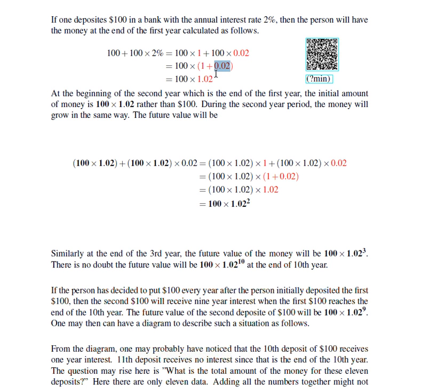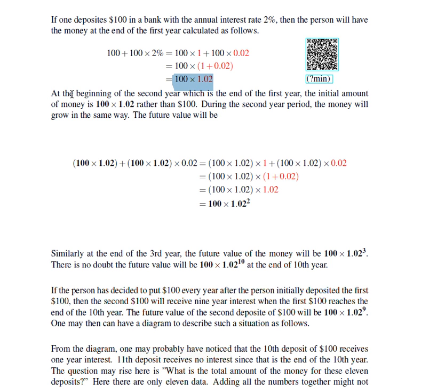So 1 plus 0.02 is 1.02. So at the end of the first year, we shall have 100 times 1.02, which is $102. That's the end of the first year.